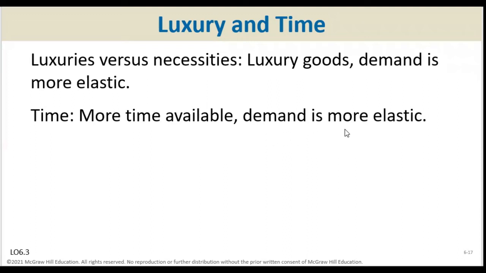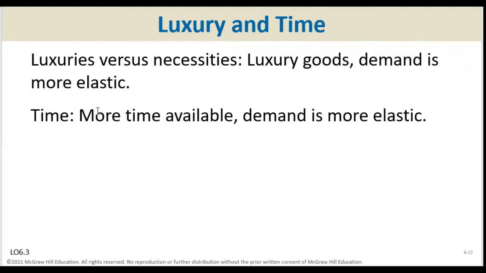The more time you have, the more elastic the demand is. Say you have a meeting, you have to go places, and you have to make the effort to get there at a particular time. Now time is more sensitive to you. You don't have the time, so you don't look at how much the ticket will cost you. That's why business travel tends to pay more than leisure travel.